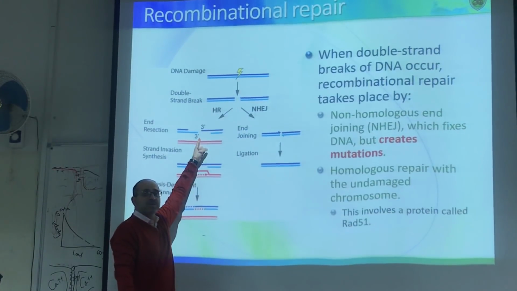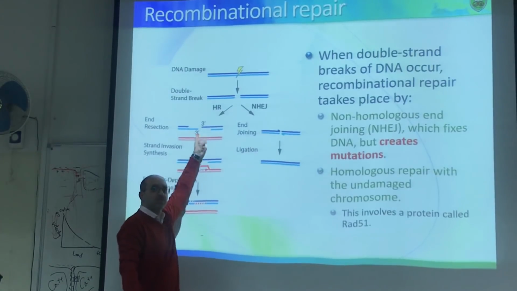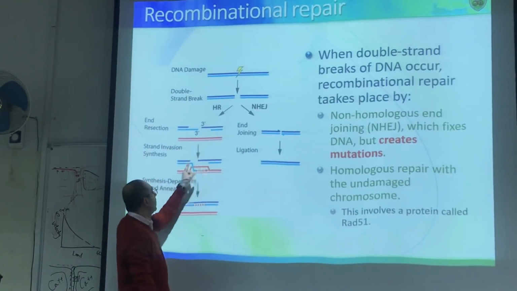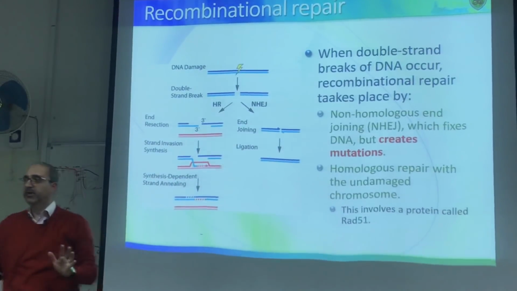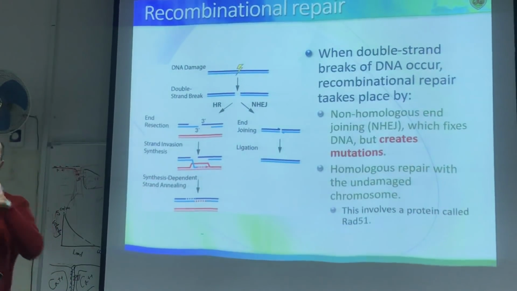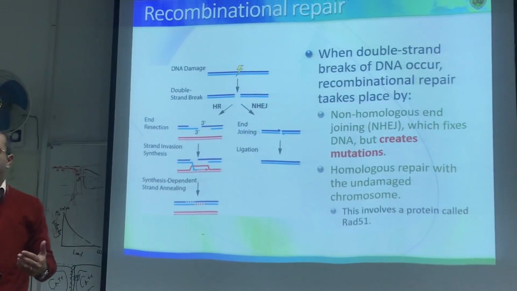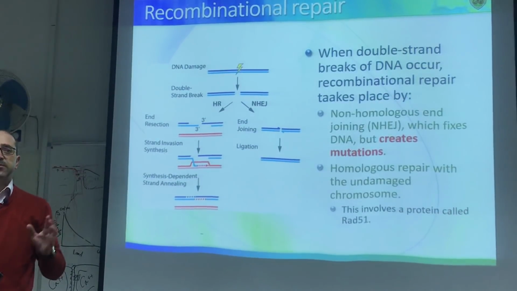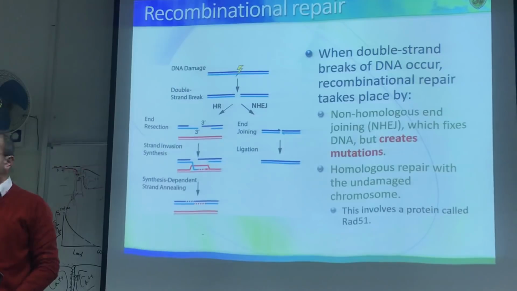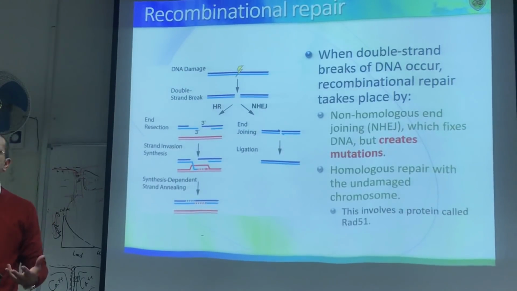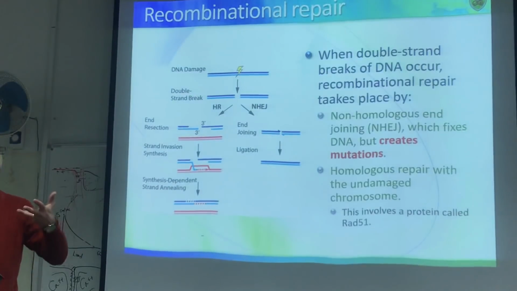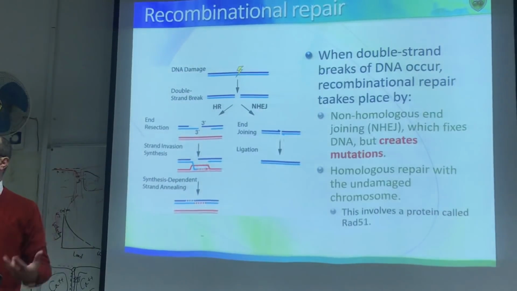So one of the strands is given to the damaged DNA, and then the gaps are filled in by DNA polymerase, and you have a template. Same thing with the other one, with the damaged one. So there are two mechanisms. This involves a protein known as RAD51. RAD comes from the word radiation. They saw that this protein is upregulated when cells are irradiated.